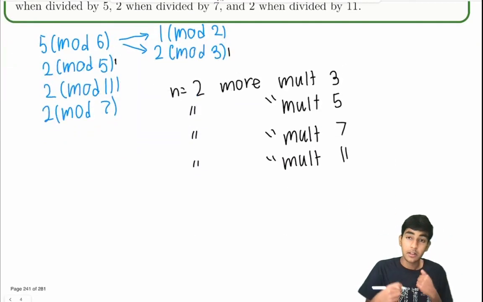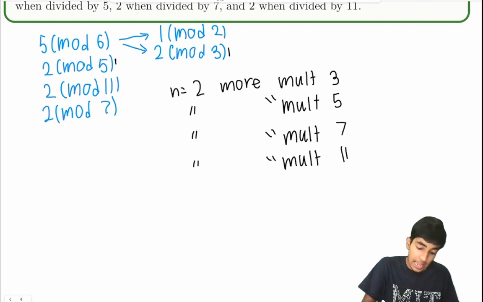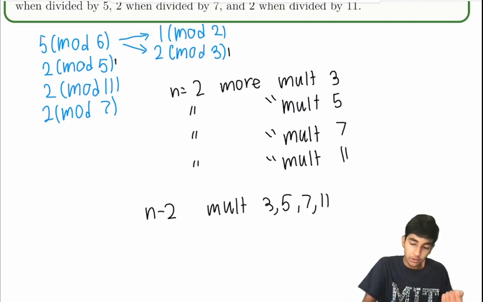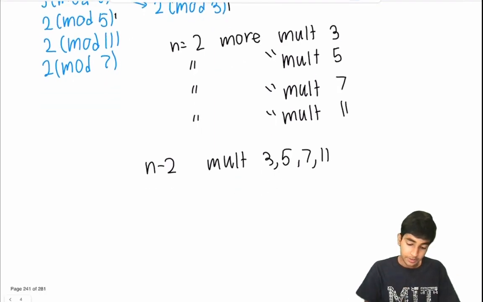What does that mean? Well, that means that n minus 2 is a multiple of 3, 5, 7, 11. We just subtract 2. That makes sense.